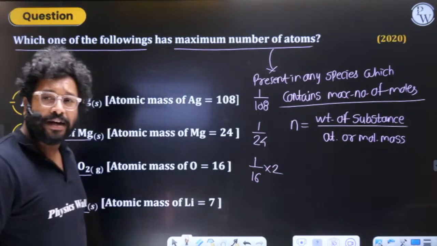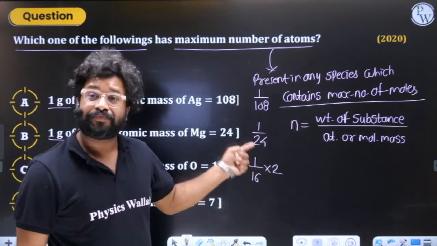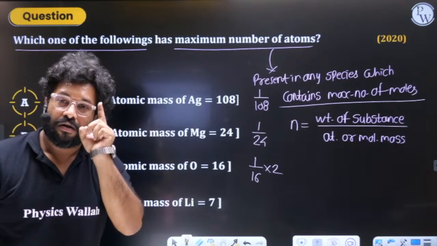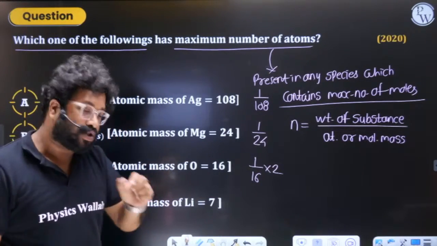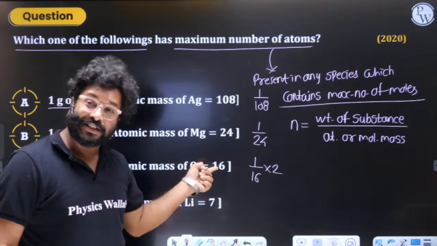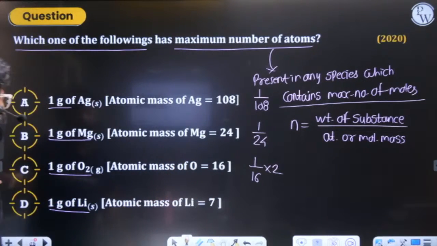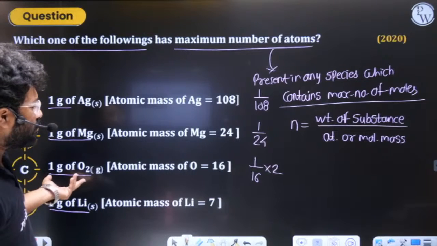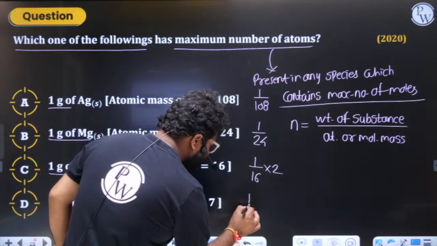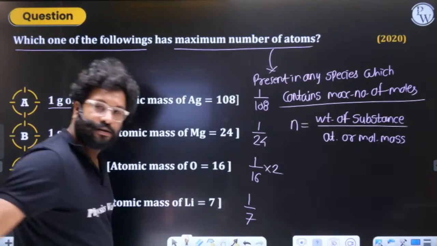Why did I put 2 there? Because 1 oxygen molecule contains 2 oxygen atoms, right? And 16 is the atomic mass of oxygen. And lithium, 1 by 7.